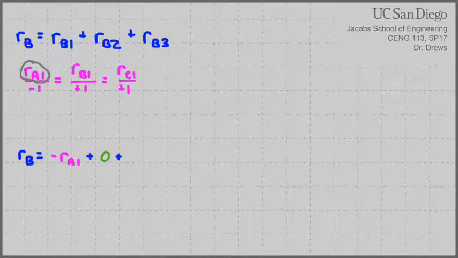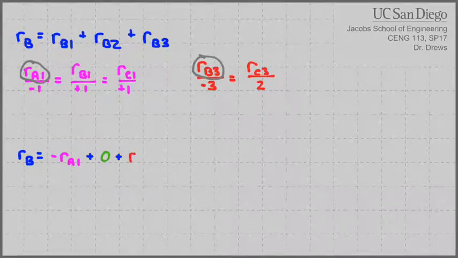And B, let's see, does show up in reaction 3. If we write R sub B in reaction 3 over minus 3, that has to be equal to R sub C in reaction 3 over plus 2. But we just so happen to have written R sub B for reaction 3, so we don't really have to change very much right there. So this is just R sub B3.